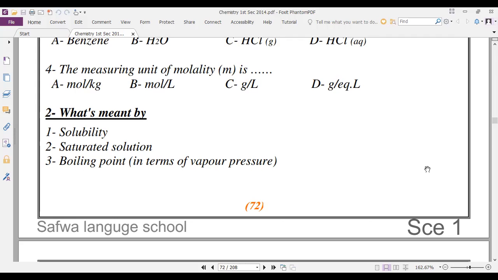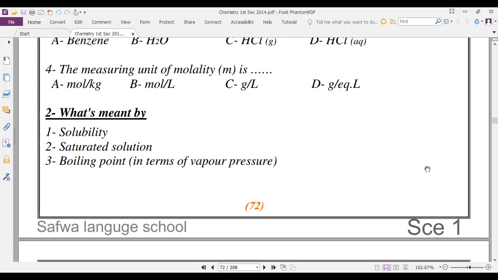Right, but I think the first one has a mistake. I didn't say the temperature. Yes, it's a very important condition, at a specific temperature, because if you increase the temperature, a saturated solution will change into a supersaturated solution. So you must say this, at a specific temperature or without a change in temperature, right.